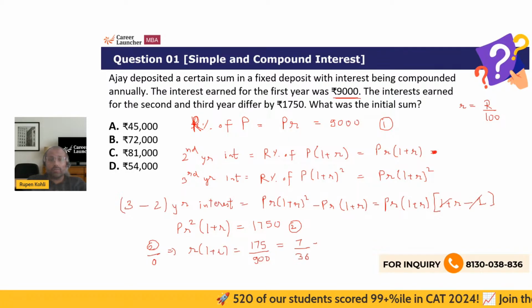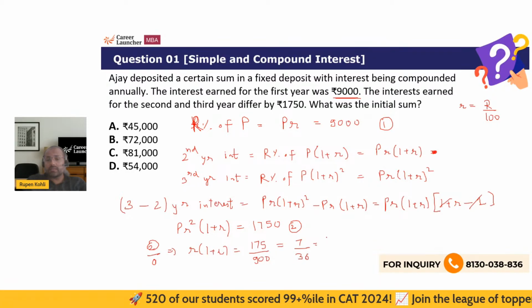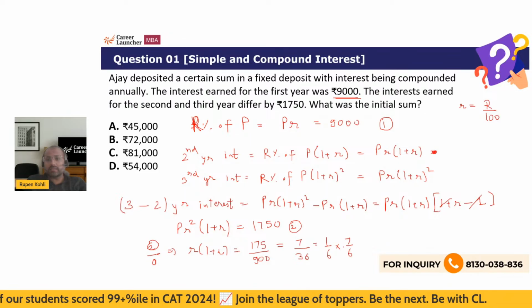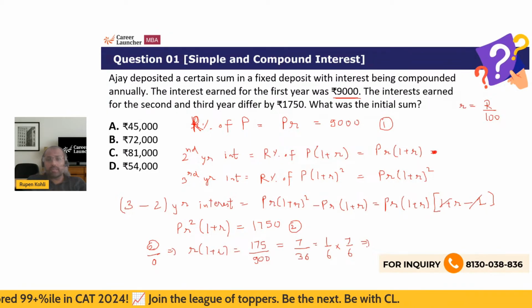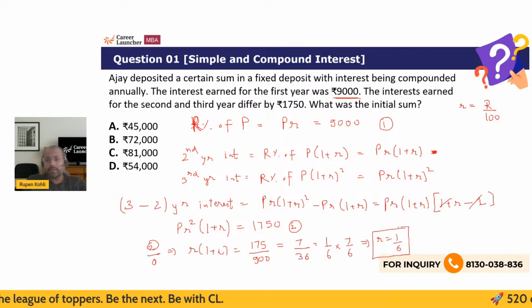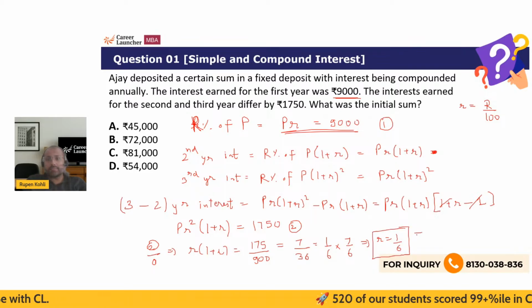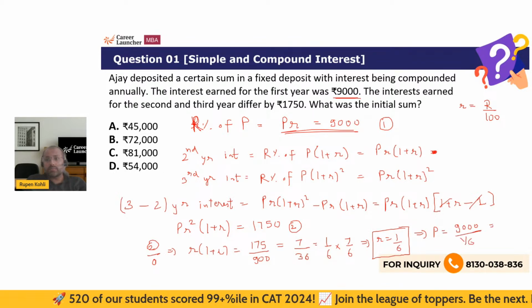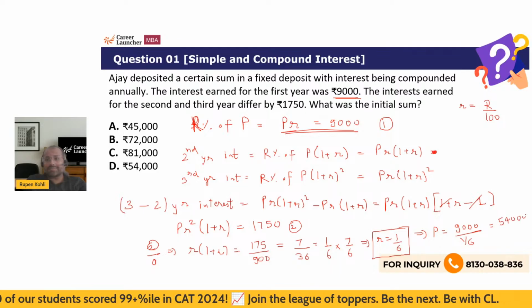So R into 1 plus R is 7 by 36, which can be broken down as 1 by 6 into 7 by 6. Therefore R is 1 by 6. Putting it back, P is 9,000 upon 1 by 6, which is 54,000.